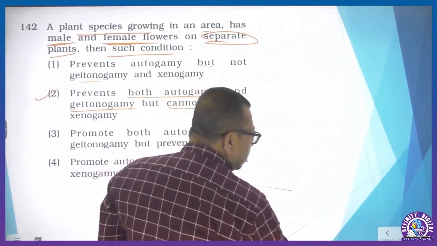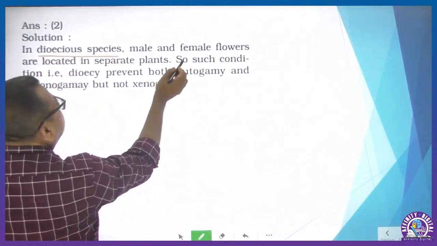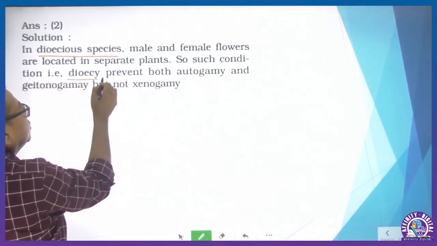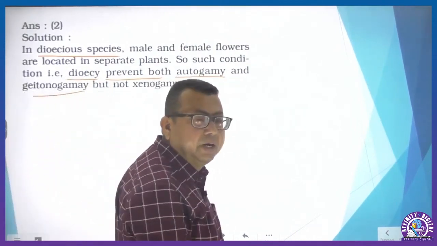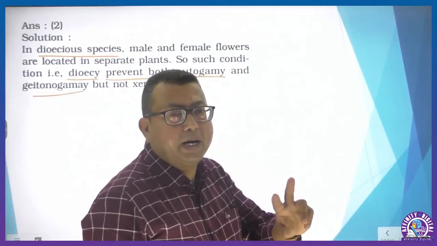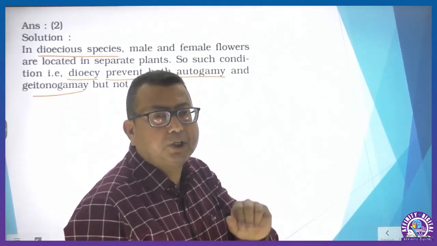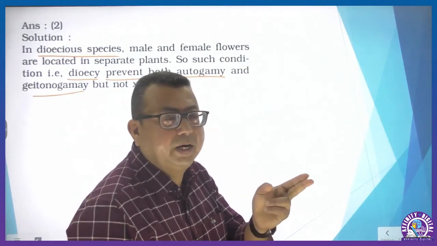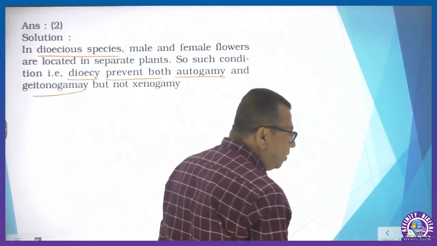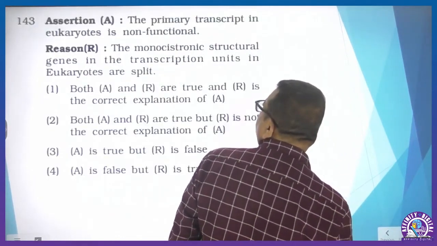So option number 2 will be the answer. Dioecy prevents both autogamy and geitonogamy, but not xenogamy. Geitonogamy means pollination between two different flowers of the same plant. Autogamy means pollination in the same flower, and xenogamy means transfer of pollen grain from the anther of a flower to the stigma of another flower located in a different plant. So the answer will be option number 2.